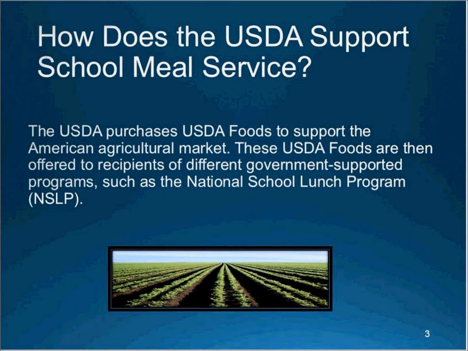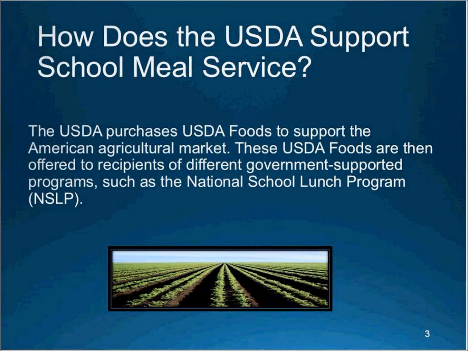As you may know, the USDA purchases U.S. Department of Agriculture foods to support the American agricultural market. These USDA foods are then offered to recipients of different government-supported programs, such as the National School Lunch Program. The USDA now offers more than 250 nutritious and tasty foods that include many items reduced in fat, sugar, and sodium.